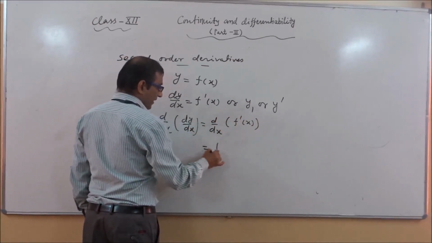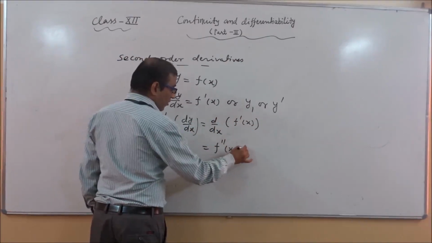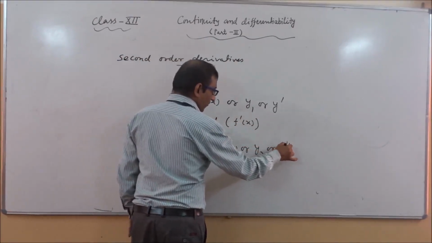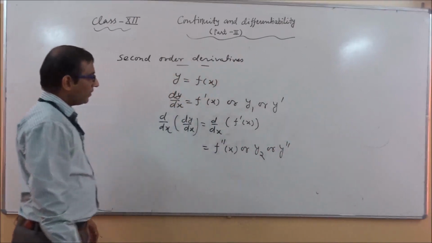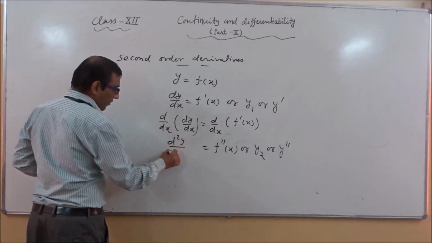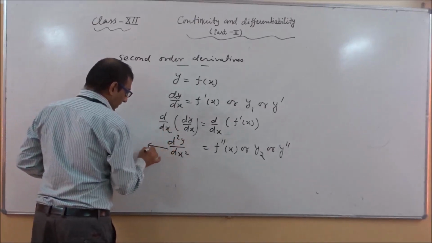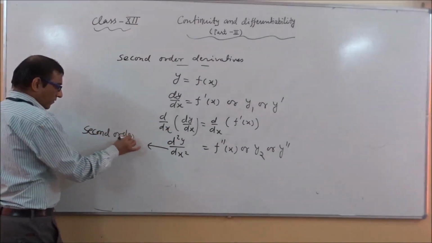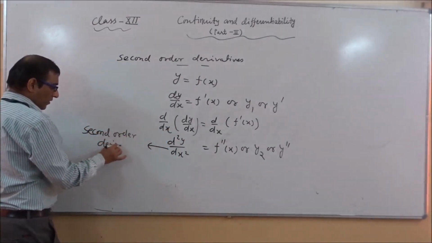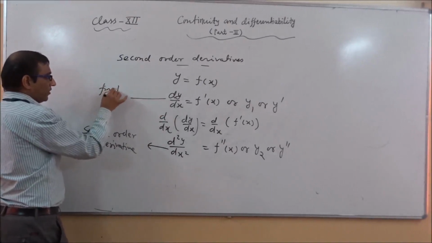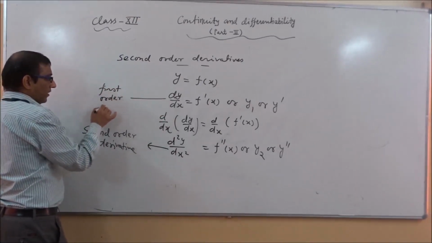So it can be written as f double dash x or y2 or y double dash. Here we will write d square y upon dx square. It means it can be written as the second order derivative, and this is related with the first order derivative.